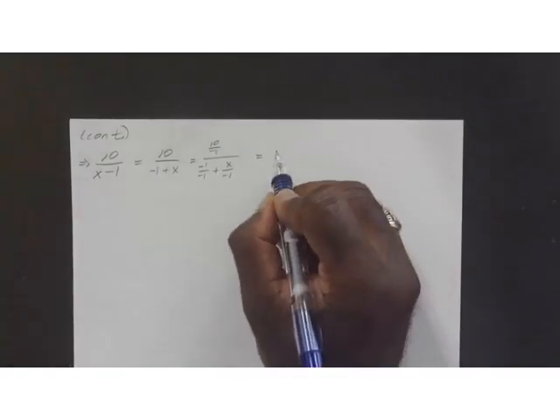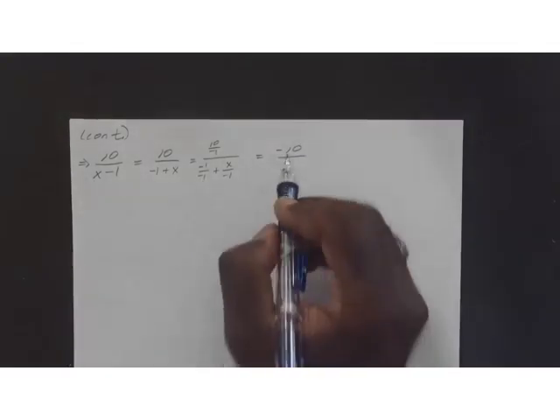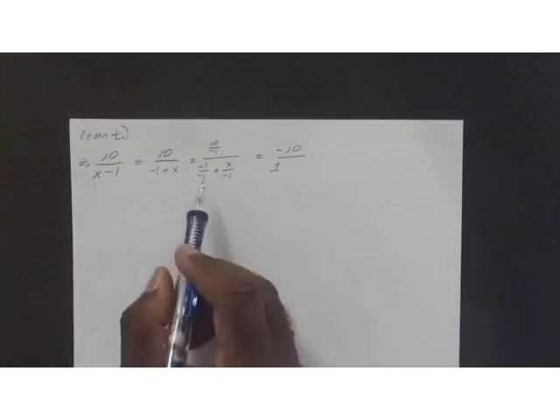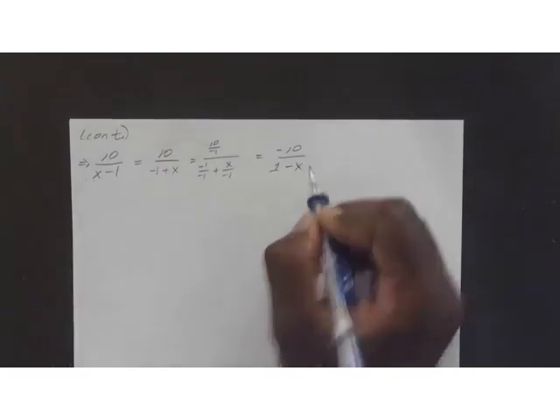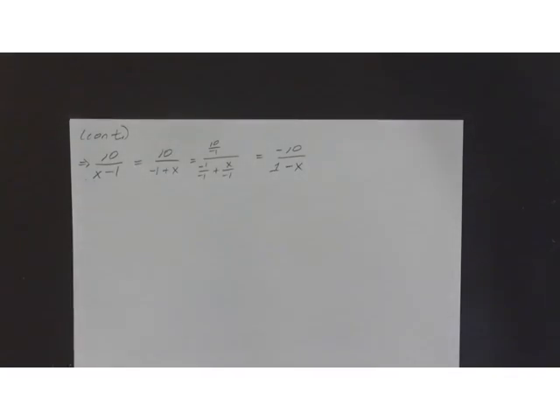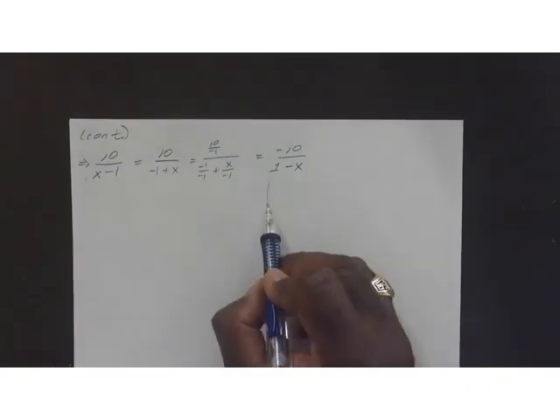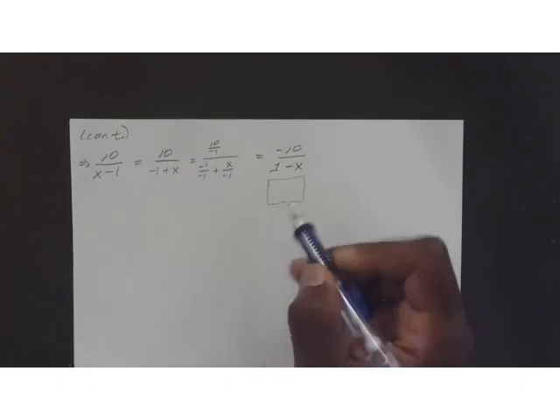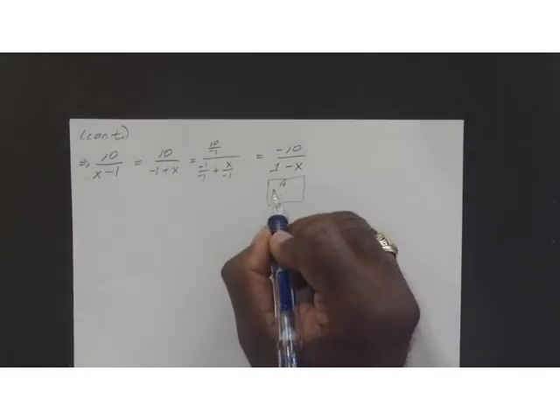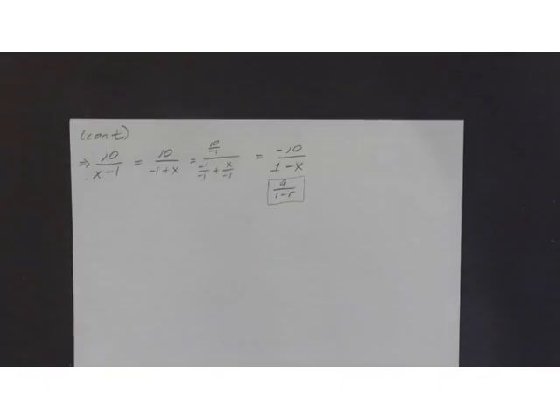Well, that gives us negative 10 divided by, negative divided by negative is positive, so 1 minus x, which is just the form we needed, a over 1 minus r.